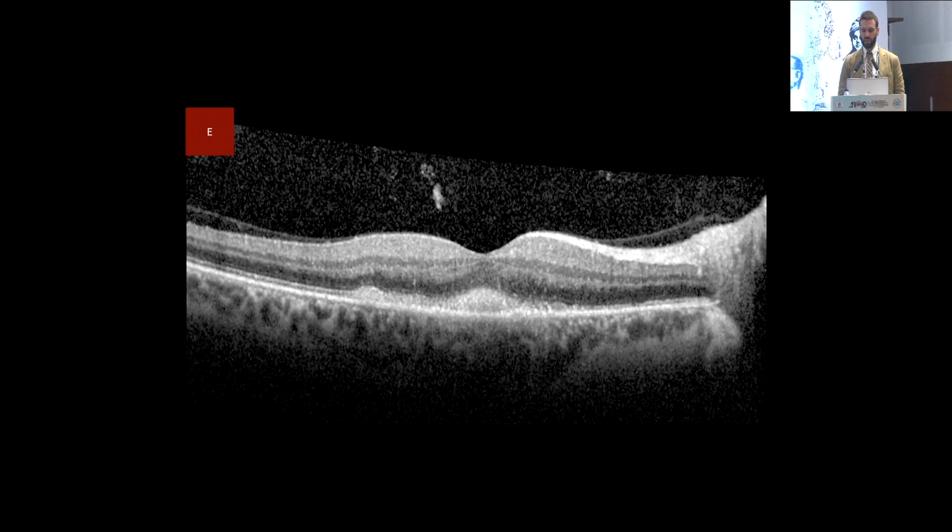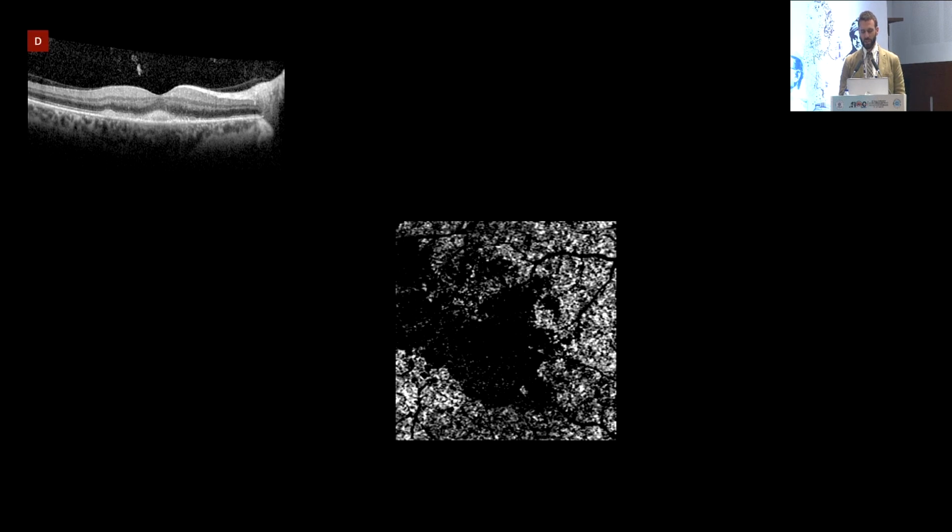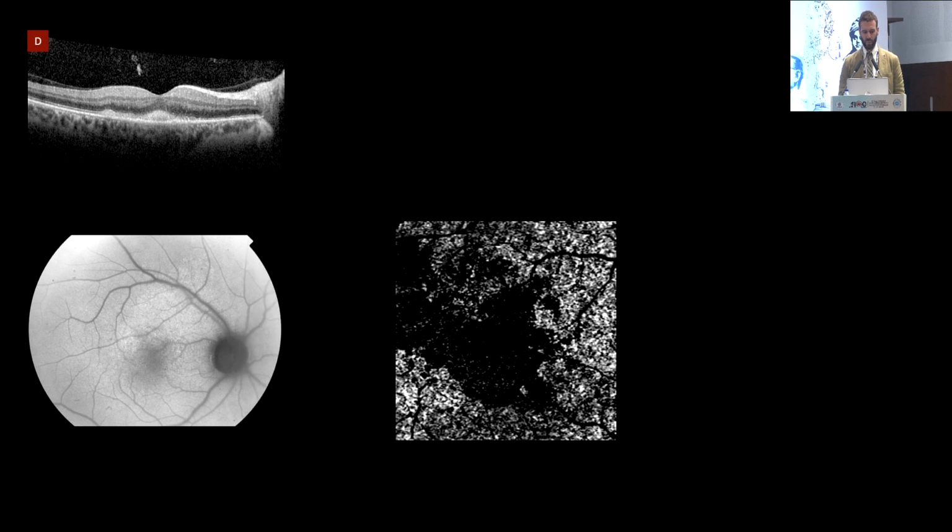And is this a case of vitreoretinal lymphoma? When I saw this patient, I said, yes, this really looks like a case of vitreoretinal lymphoma with this hyperreflectivity, which is between the RPE and the photoreceptors. And on OCTA, the patient has a kind of non-flow at the level of the choriocapillaris.